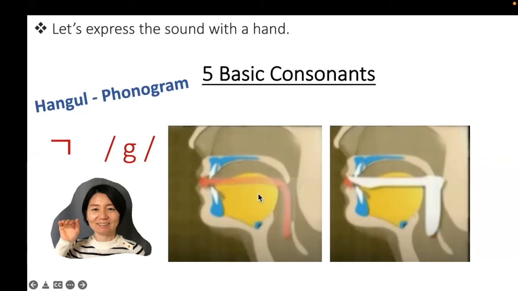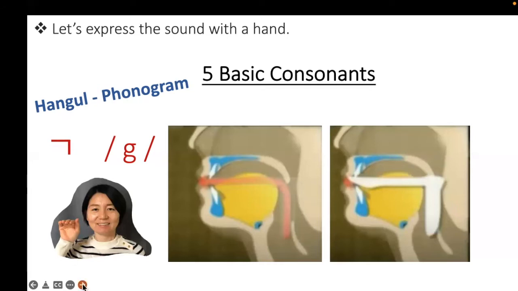So King Sejong got this idea and made the symbol ㄱ, 기역, based on this pronunciation. When you pronounce the "g" sound, try to put your hand up like this, just like this picture, okay?